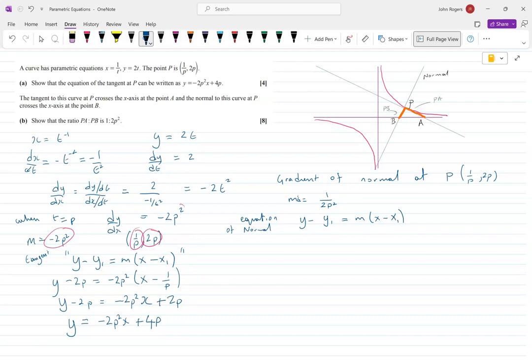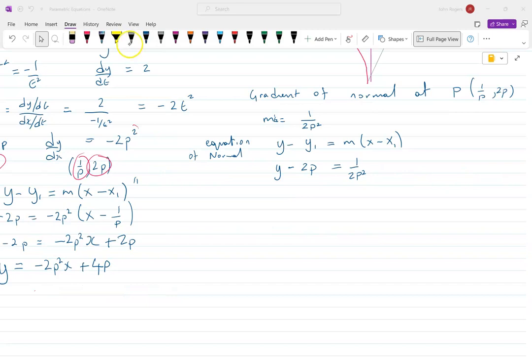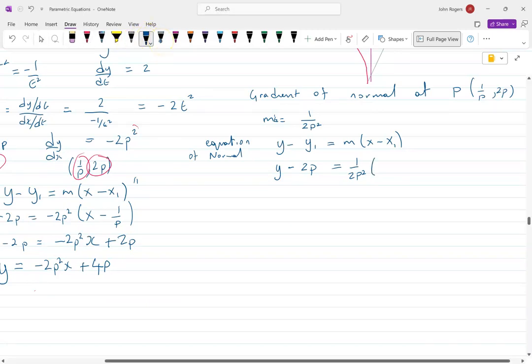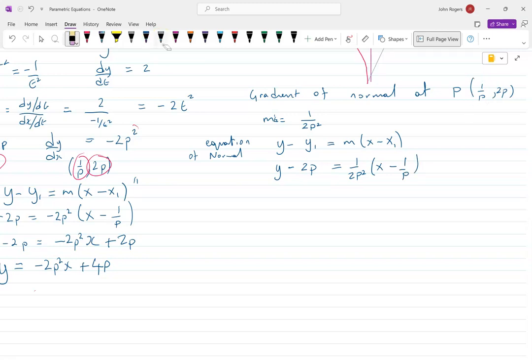That gives us y minus y1, which is 2p, equals m, which is 1 over 2p squared, times x minus the x coordinate, which is 1 over p. Now that's the equation of the normal, remember.